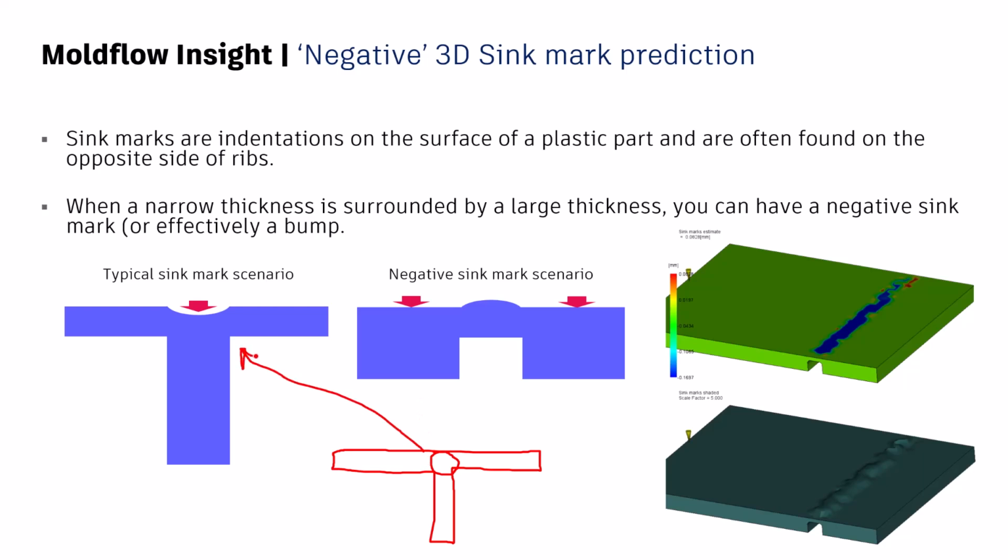Obviously, we've been able to do this since we started doing simulation. At least in simulation, I could make out that sink marks are there. But recently, when we were having a chat with one of our customers, they mentioned something very different and unusual, a structural thing that they have done.